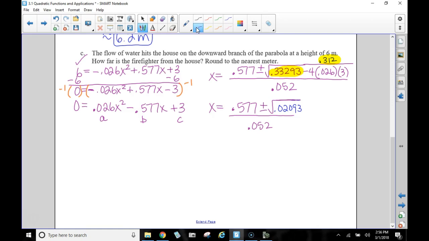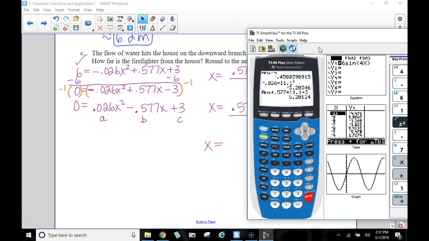So I'm going to do one with the plus and one with the minus. 0.577 plus the square root of 0.02093.